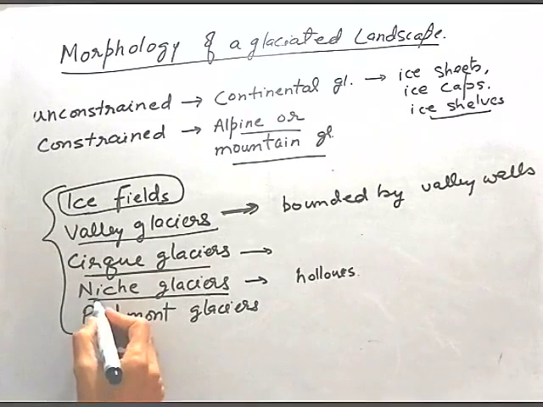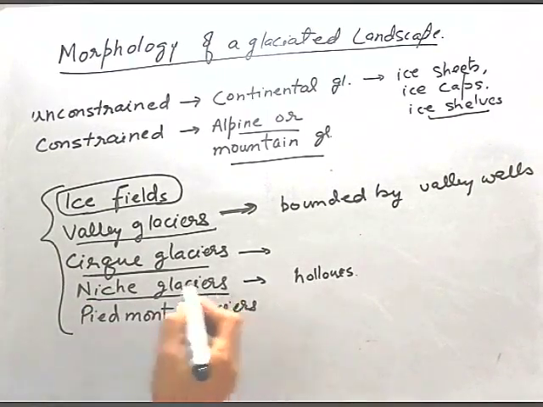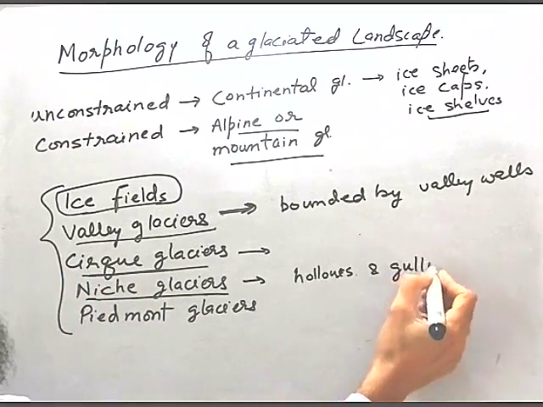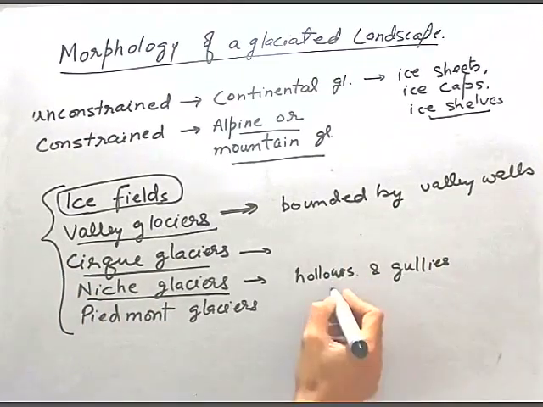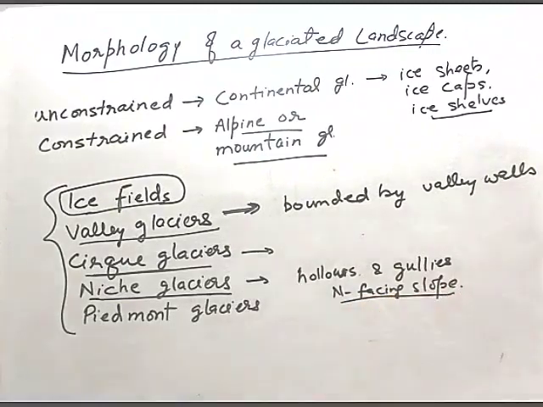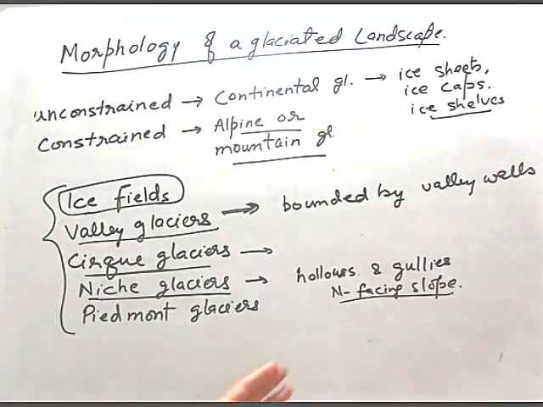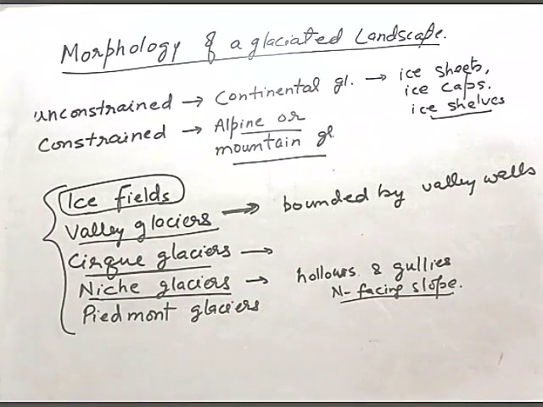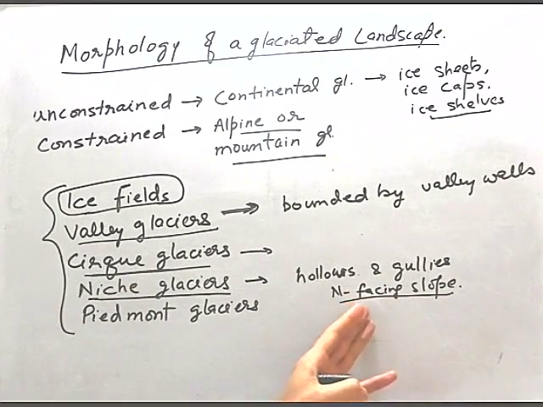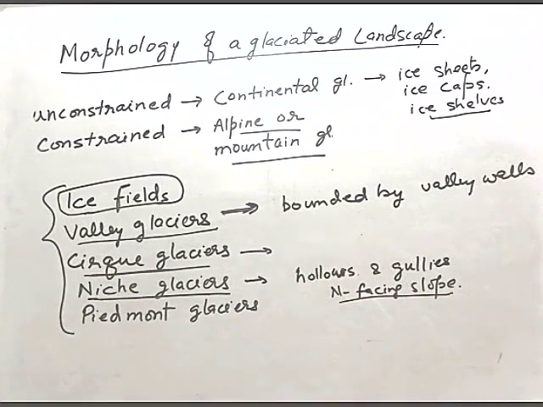Neck glaciers are basically deposits of ice that are present within hollows and gullies on the north-facing slope in the northern hemisphere. So why the north-facing slope? Because, as I discussed in the previous video, in the northern hemisphere the north-facing slopes will be colder compared to the south-facing slopes.